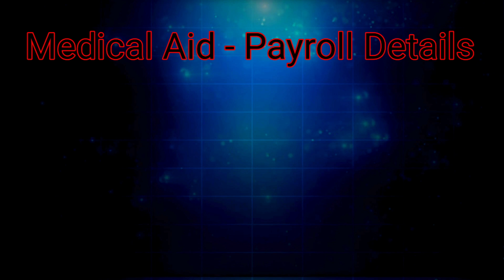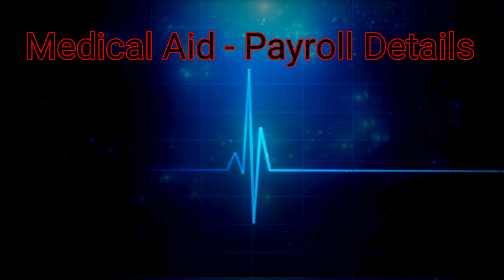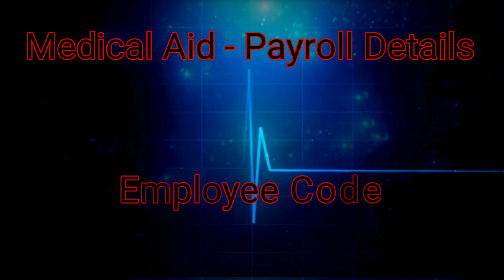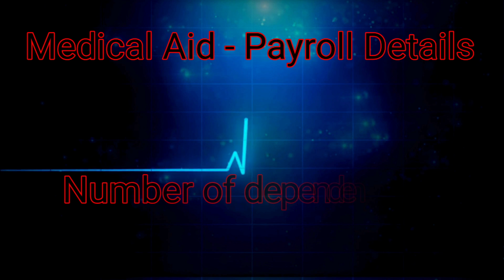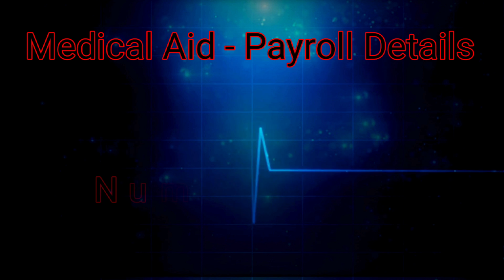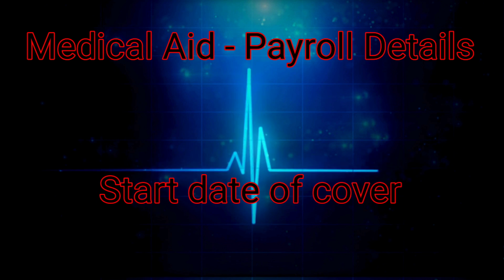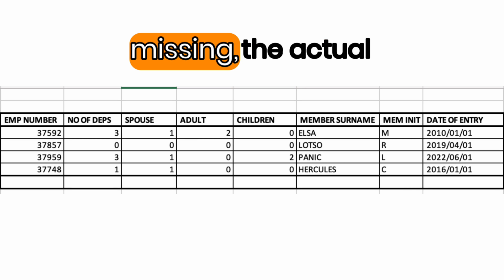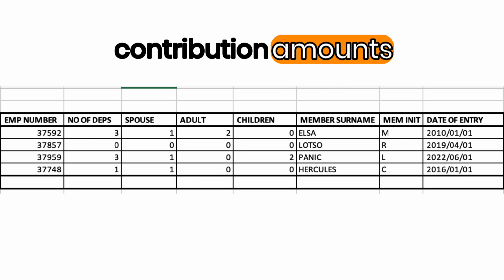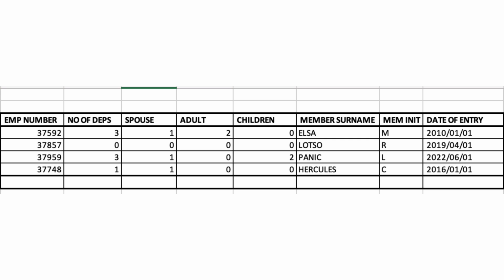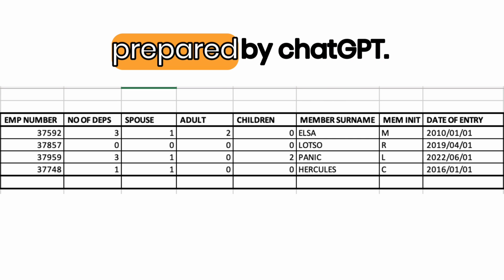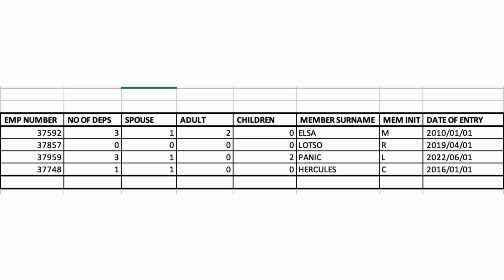The most important ones to look for are the employee code to ensure correct linking, the number of dependents on the medical aid, and the start date of the coverage. But here's something missing. The actual contribution amounts aren't listed. I'll pull those from the payroll historical data prepared by ChatGPT.